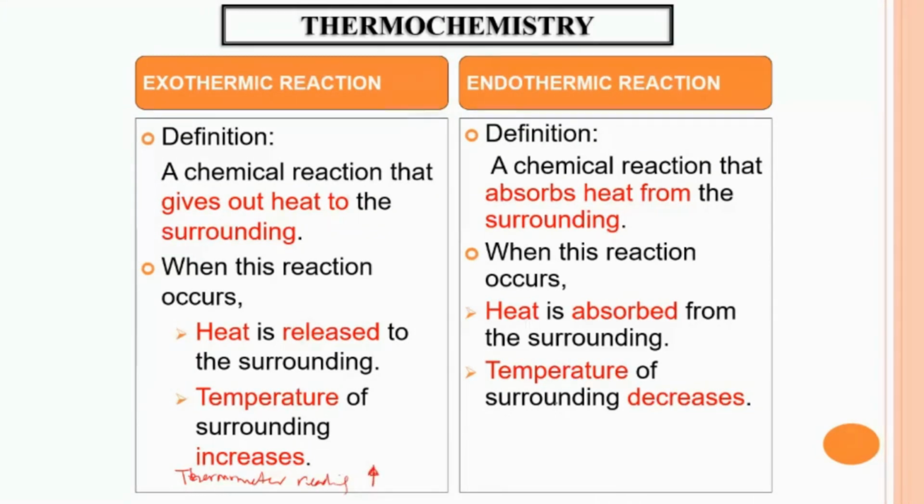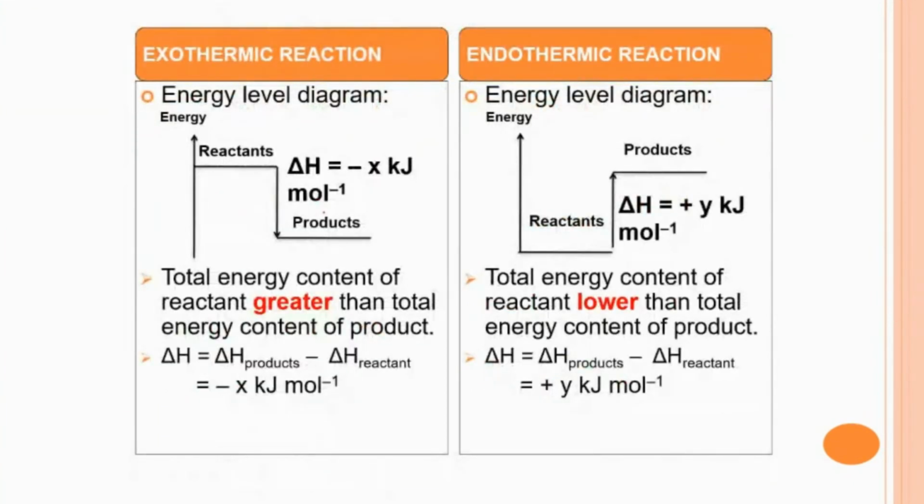For endothermic, it absorbs heat from the surrounding, so the thermometer reading will decrease. Very easy to recognize. And then another one is delta H. For endothermic it is positive, for exothermic delta H is negative.